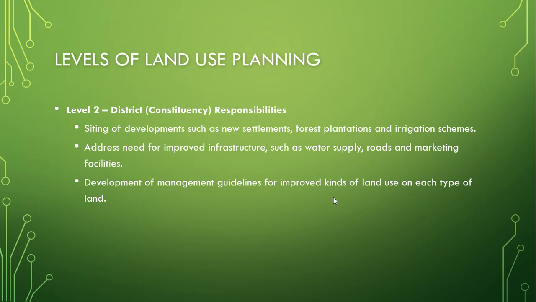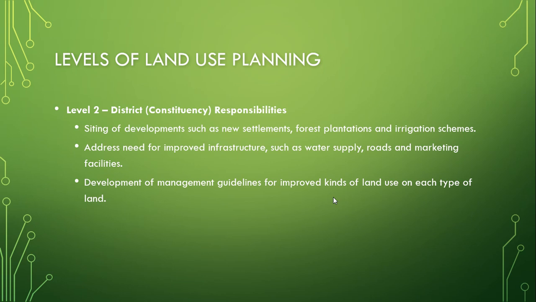At level 2, we have the district responsibilities, or in the case of Trinidad and Tobago, for example, this would be constituency level. At the constituency level, we have decisions being made regarding the choice of sites to establish new developments, settlements, to determine where forest plantations can occur, where irrigation schemes can be developed.